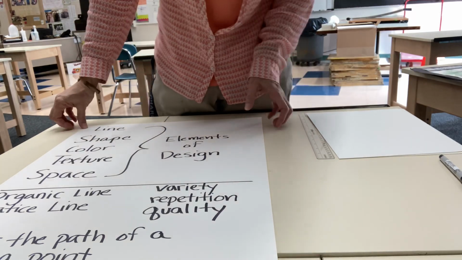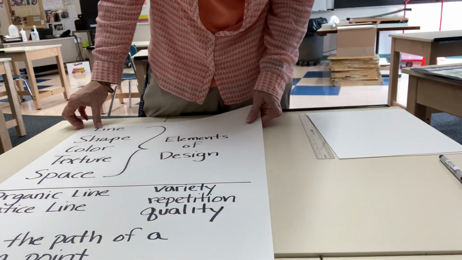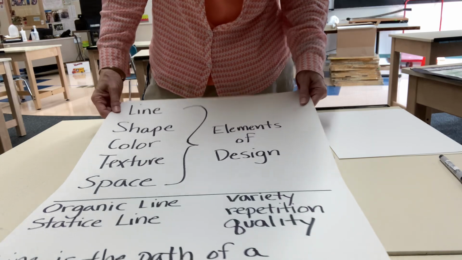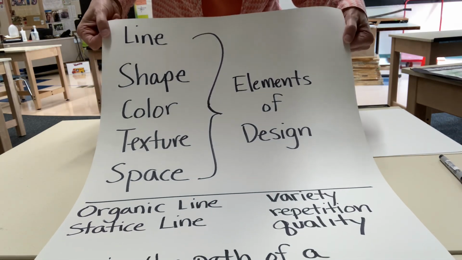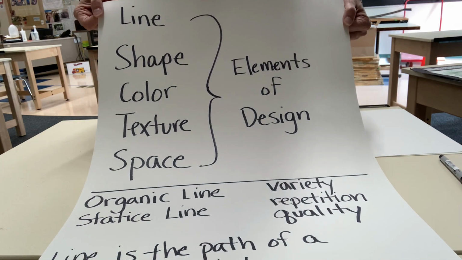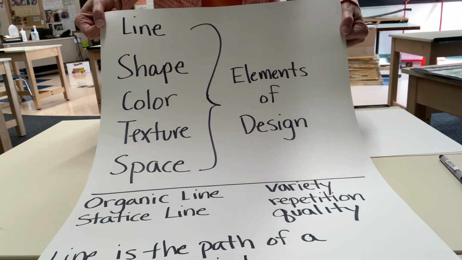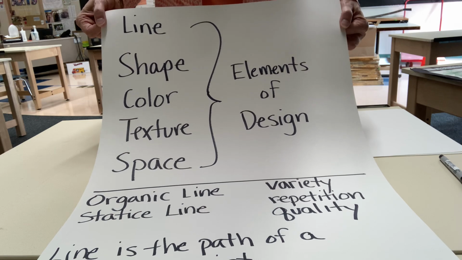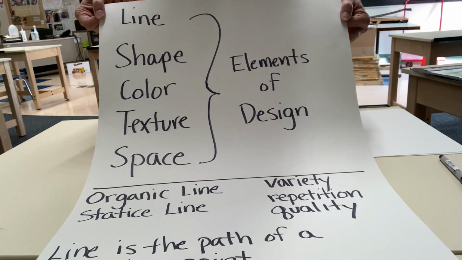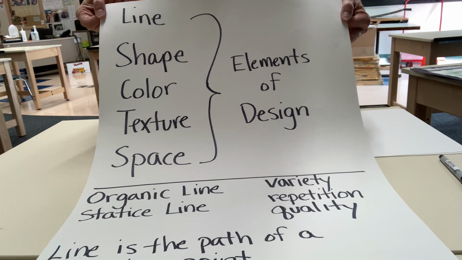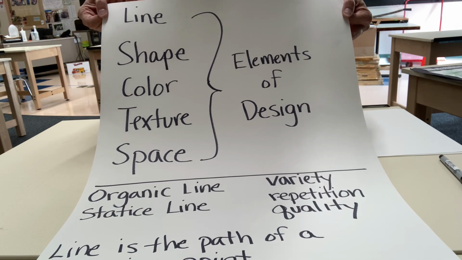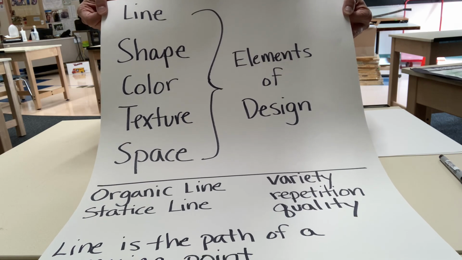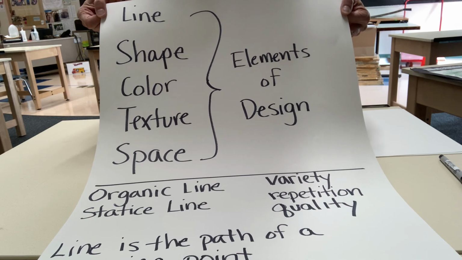First, I just want to introduce what we're going to be going over in Art 1. Basically, every project that we do is going to deal with the elements of design: line, shape, color, texture, and space. This is the way that people look at art in a very basic way. So the elements of design should be in all art, but they don't have to be.